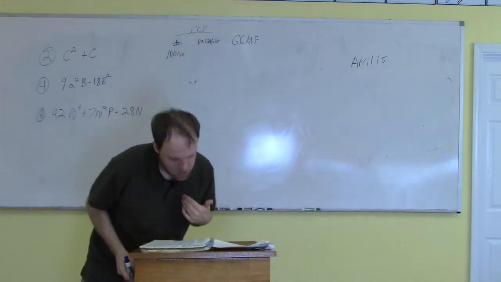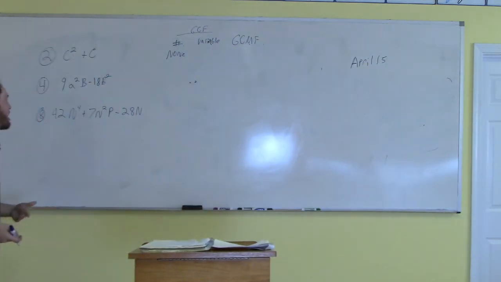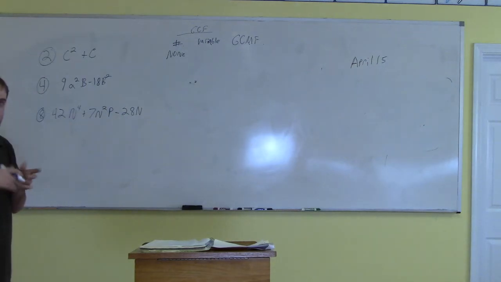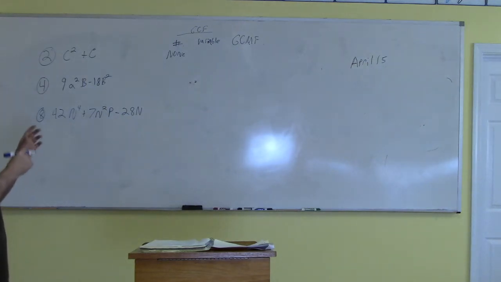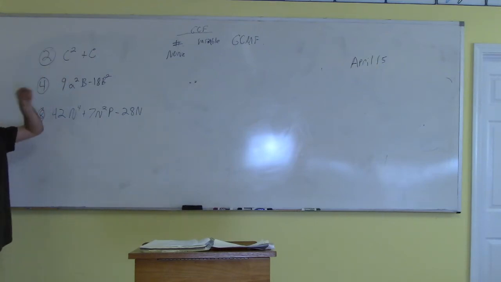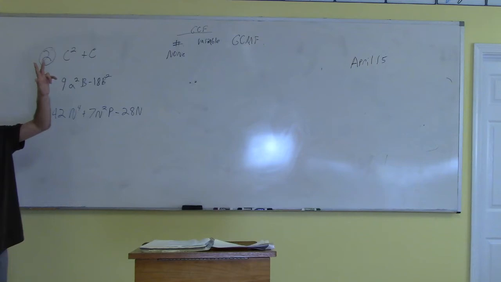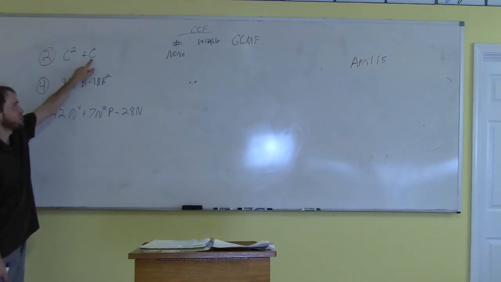Now the variable. Looking at number 2, c squared plus c, I'm going to ask the question, what variable do they share? What is the greatest letter and exponent that can go into both c squared and c? Basically what you want to think of is how many of them go into each of them and figure out what that biggest number is. If I have c squared, that's 2 c's, and then I have just a regular c here.